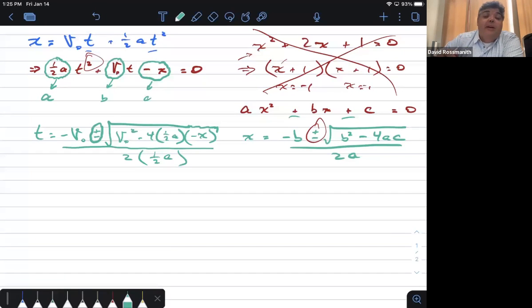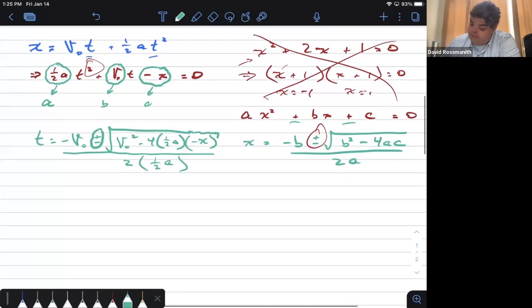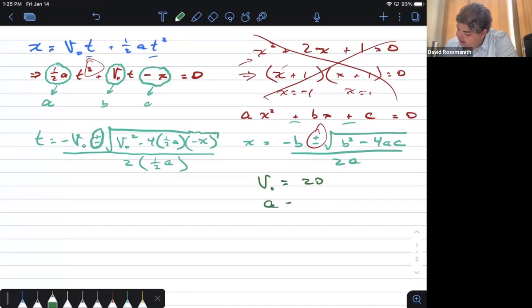Now, when you actually want to get an answer, let's say I were going to do this in a real problem. Let's say the problem told me v naught is 20, a is 9.8, and c, not c, x, the value of x is 10. So we're doing a real physics problem. It gives us the actual values of these things.